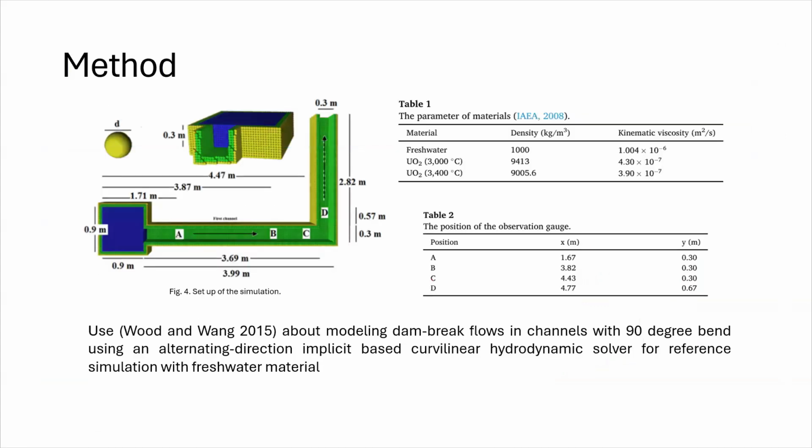The method is a simulation using moving particle semi-implicit, or MPS. This model is used to model the Wood and Wang experiment in 2050 about modeling dam break flow in a channel with a 90-degree band using an alternating direction implicit based curvilinear hydrodynamic force solver.